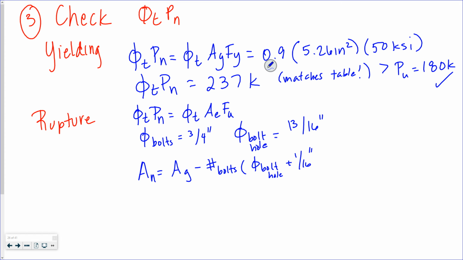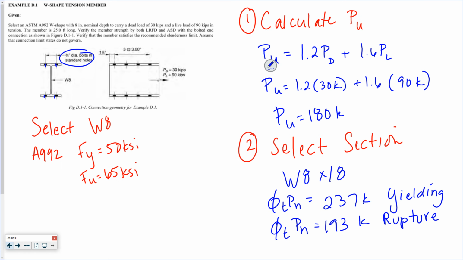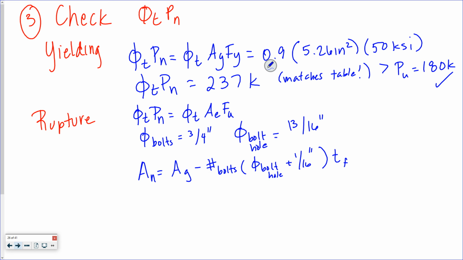That's my 1/16 of an inch accounting for damage, times the thickness of the flange, because the bolt holes are in the flange of the W section. So I need to go look up what that is.